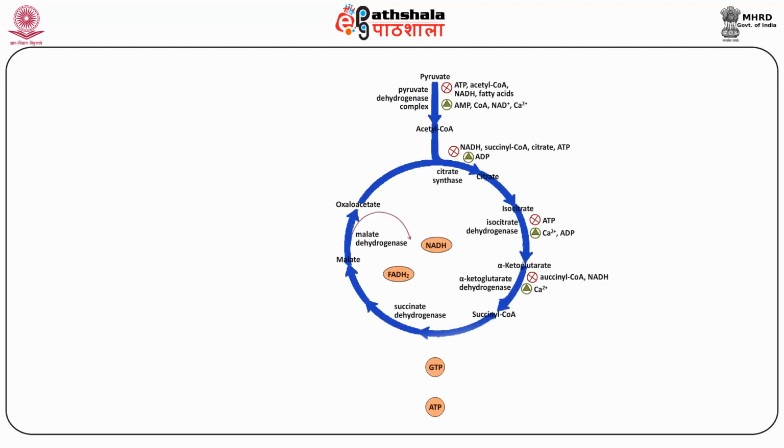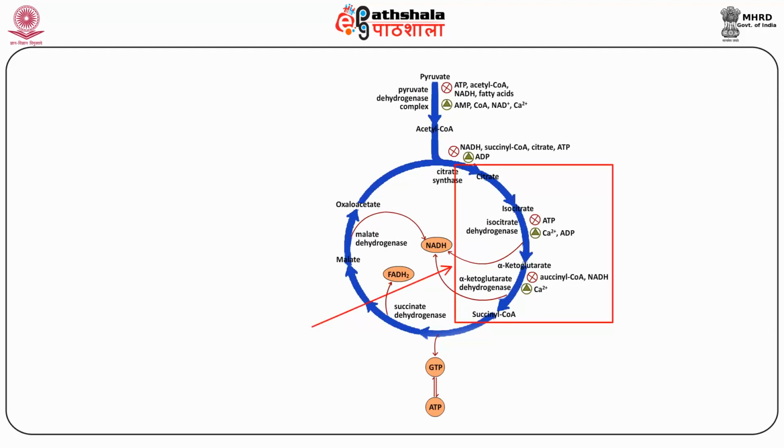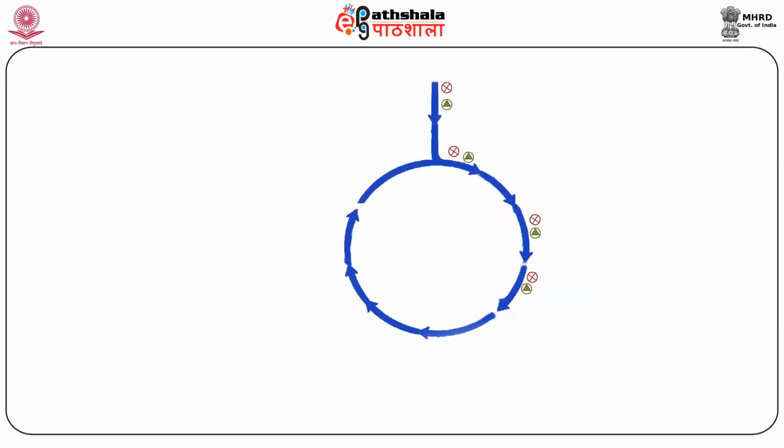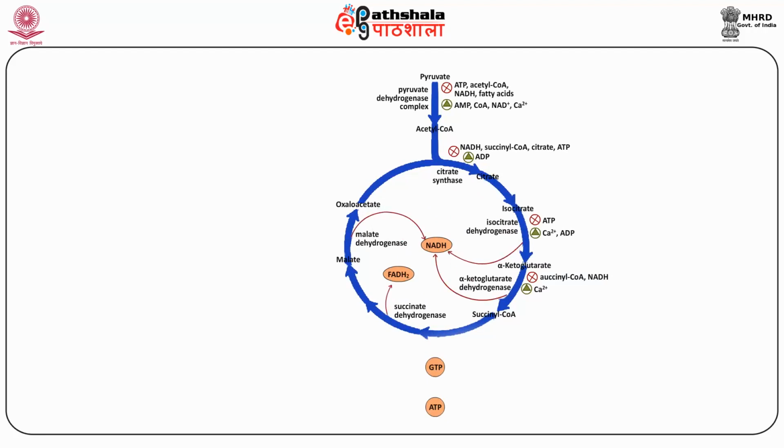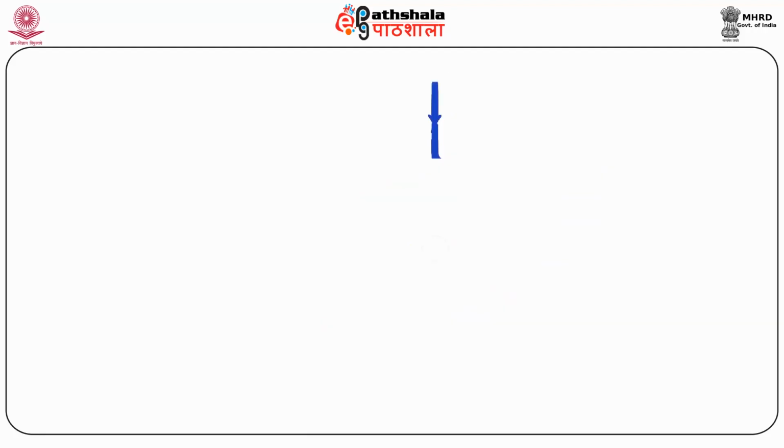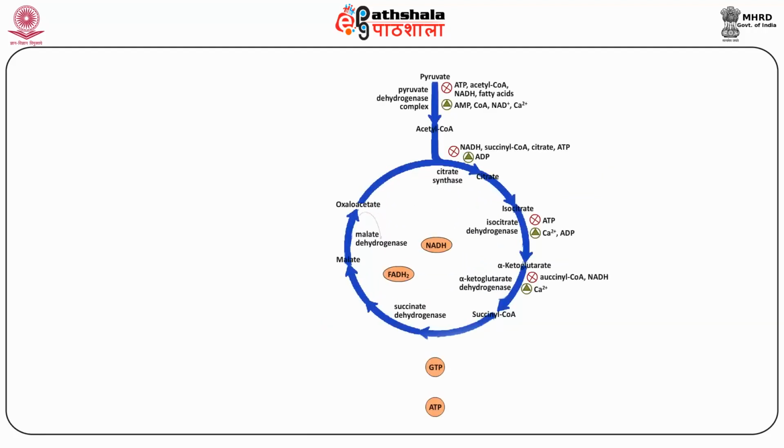Succinyl coenzyme A inhibits alpha-ketoglutarate dehydrogenase and also citrate synthase. Citrate blocks citrate synthase, and the end product adenosine triphosphate inhibits both citrate synthase and isocitrate dehydrogenase.